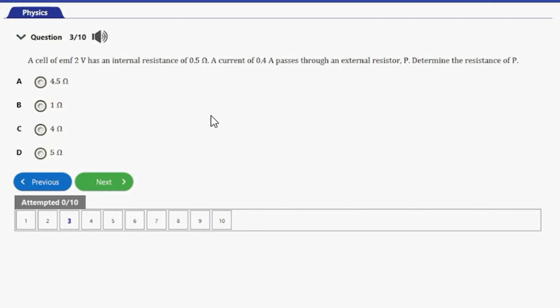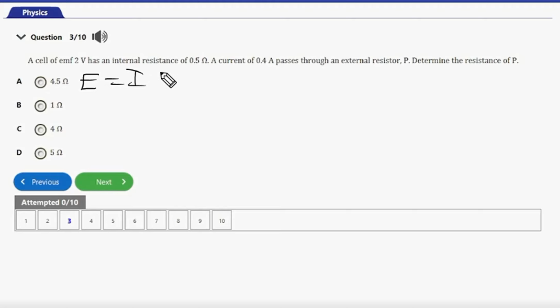The next question we have is question number 3. It says a cell of EMF 2 volts has an internal resistance of 0.5 ohms. A current of 0.4 amperes passes through an external resistor P. Determine the resistance of P. For us to solve this, we'll plug in our formula.